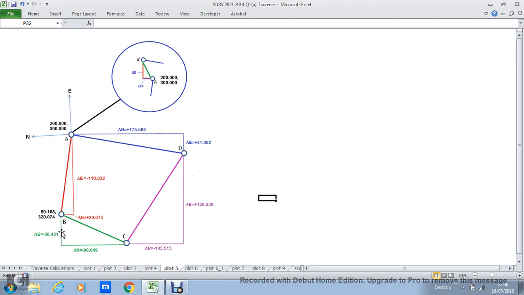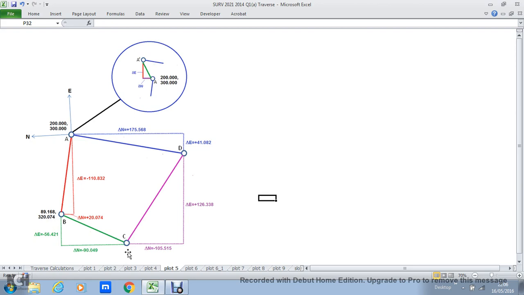So what you do, to get the coordinates of C, is our easting is 89.168, and we take away 56.421 from that. And our northing, it's minus 90.049 as our partial coordinate, so we take that away from the coordinate, the 320.074.